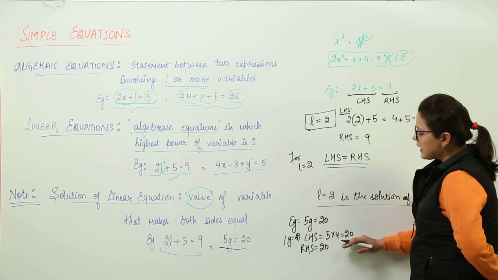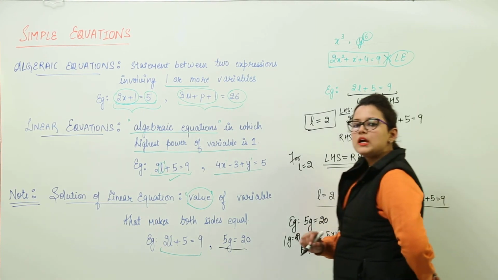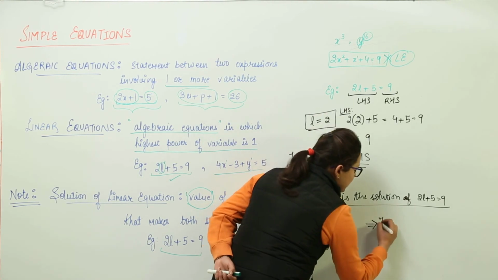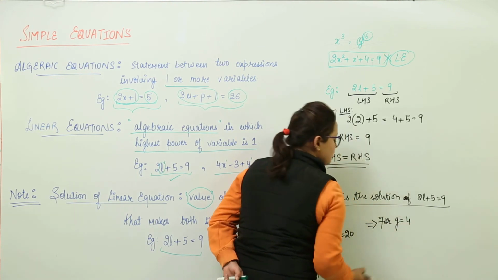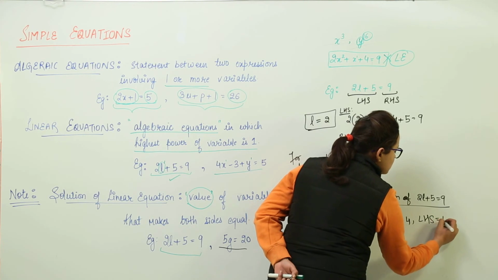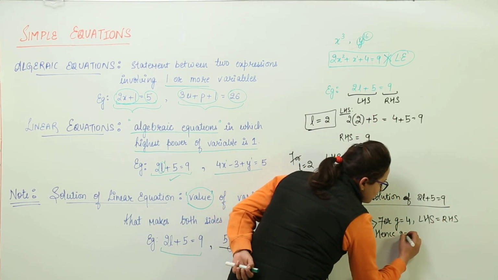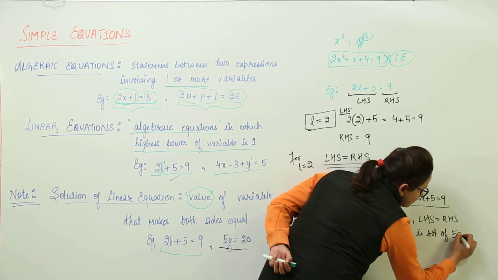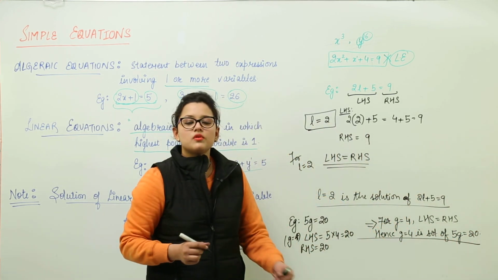So we find that for the value of g to be 4, the LHS comes equal to the RHS. So we can come to the conclusion that for g equal to 4, LHS is equal to RHS, hence g equal to 4 is the solution of the equation 5g equal to 20. So this is how you can find out the solutions of equations.